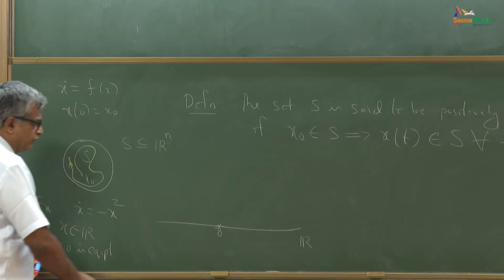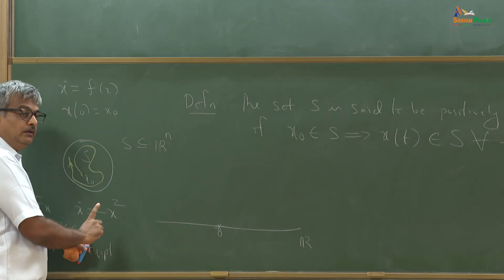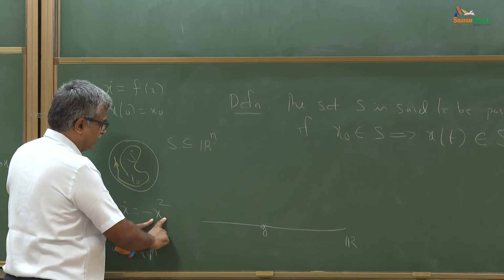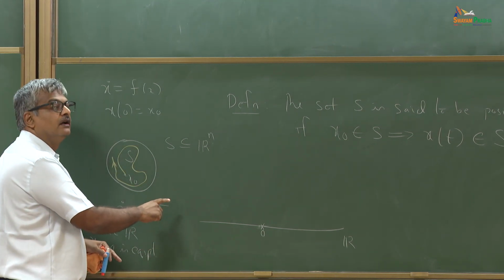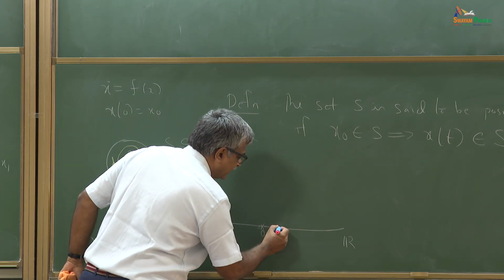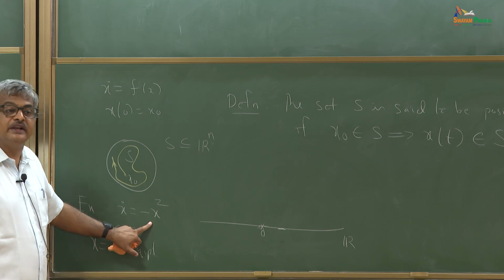If you pick any point, what does this give? It gives you a vector. If I pick any positive x, what is this whole quantity? It's negative. So you take any point, and I can draw a small arrow which captures the orientation of this vector.